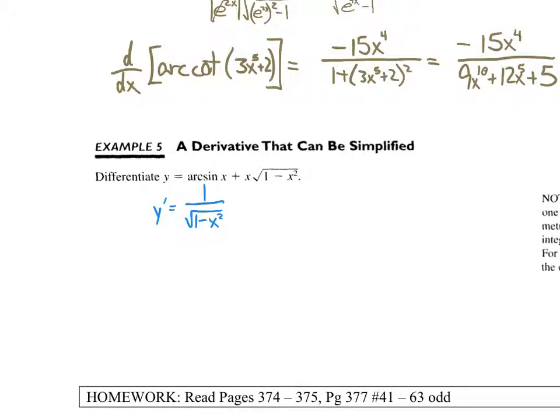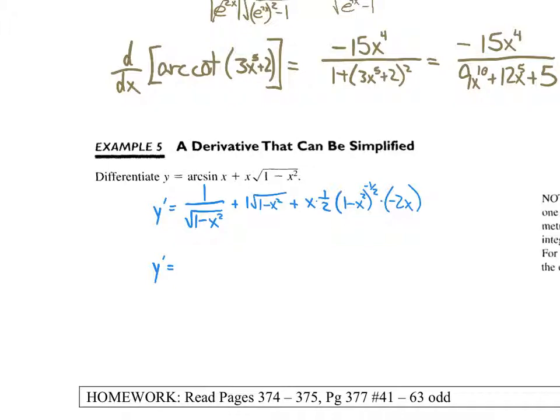And then you do the product. Okay, and then yeah, we got to do the product rule. So 1 times radical 1 minus x squared plus x times 1/2 times 1 minus x squared to the negative 1/2 times a negative 2x. Okay, now that looks pretty complicated, but the reality is we can simplify this a decent amount.